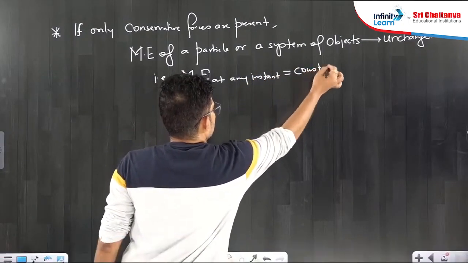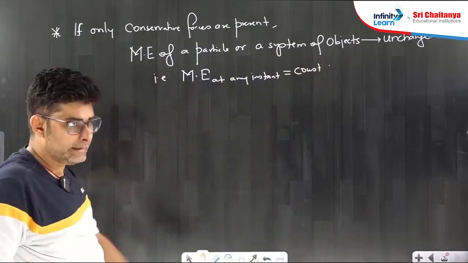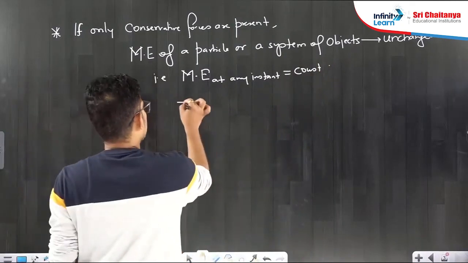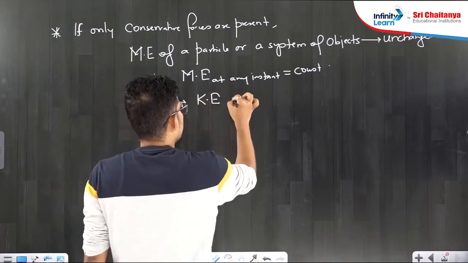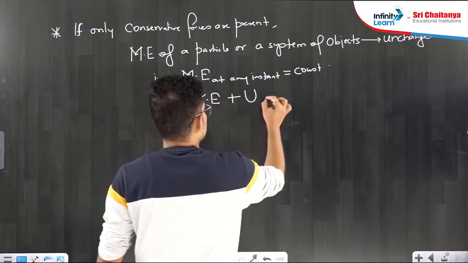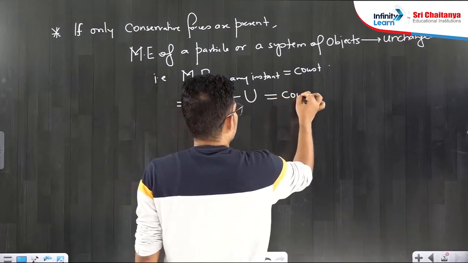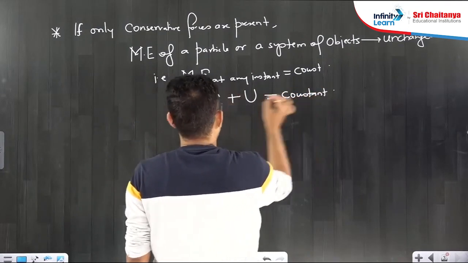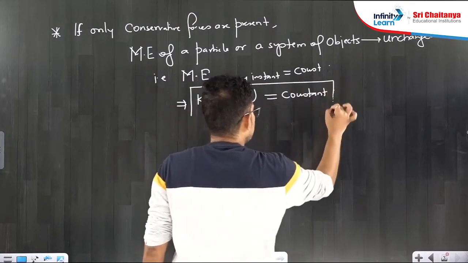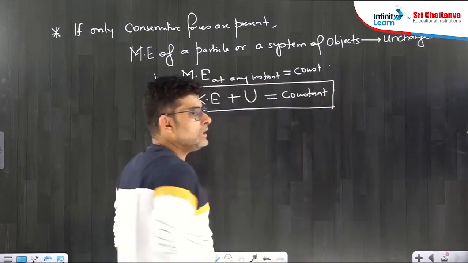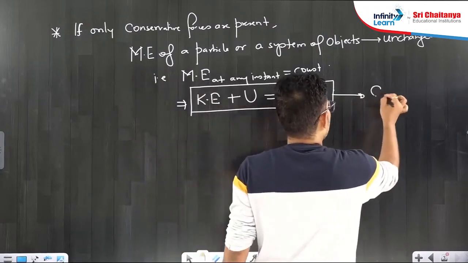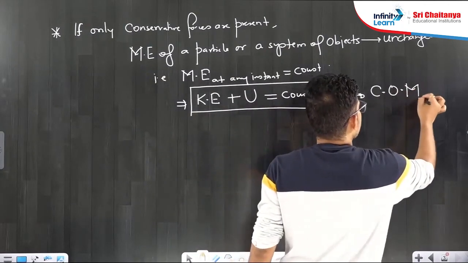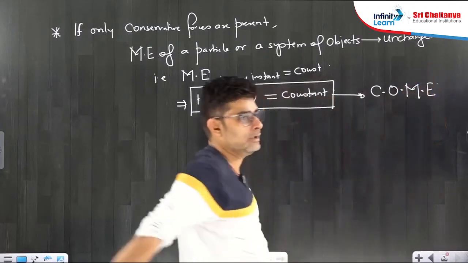So if mechanical energy at any instant is constant, this means kinetic energy plus potential energy will remain constant. This is what we call conservation of mechanical energy, COME.